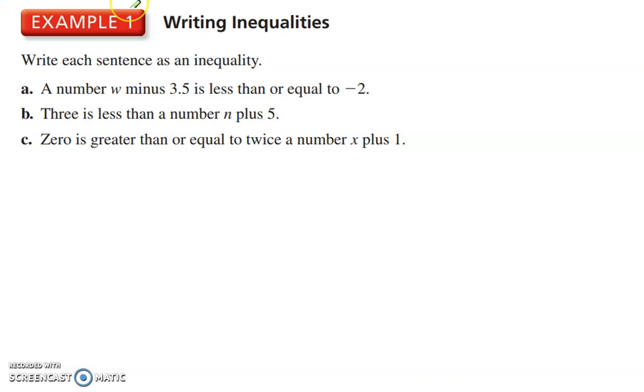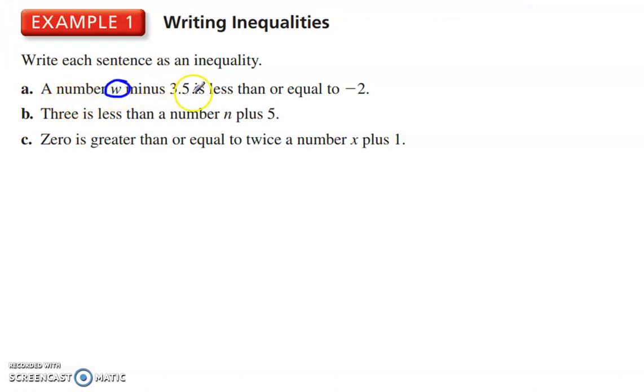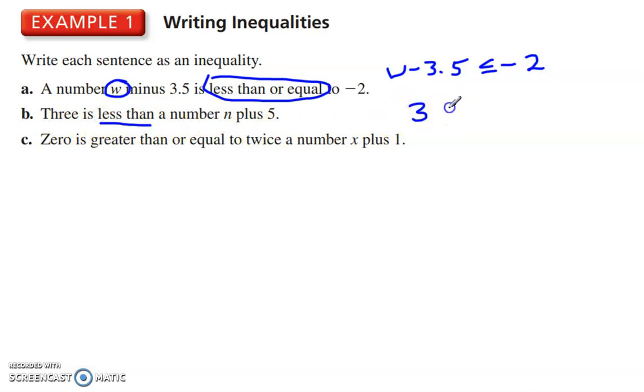All right, we want to write a sentence as an inequality. Okay, so here we have a number w minus 3.5. All right, so we can write w minus 3.5 is less than or equal to. Okay, this one's easy. Less than or equal to negative 2. Okay, then we have 3 is less than a number n plus 5.